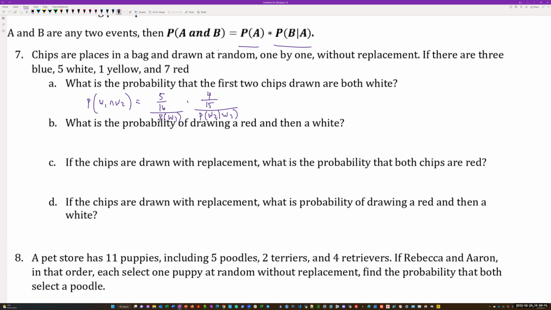Does that make sense? Now, when you do this, 4 cancels with 16 because 4 goes into both of them. So this is 4 and that's 1. Does that make sense? 5 goes into both of these, so this is 1 and this is 3. So we get 1 times 1 is 1, 4 times 3 is 12. Does that make sense?